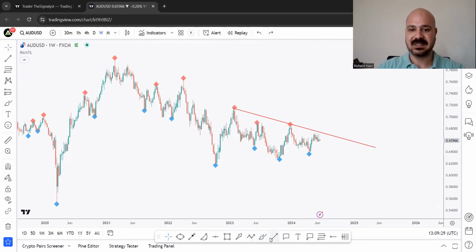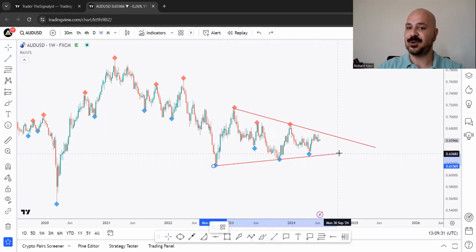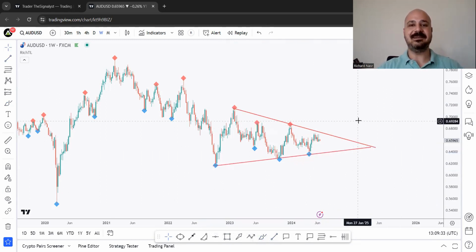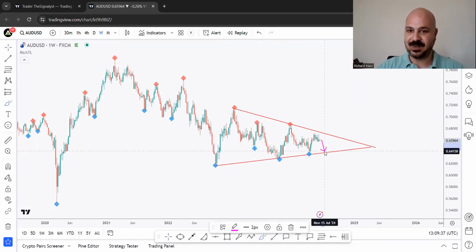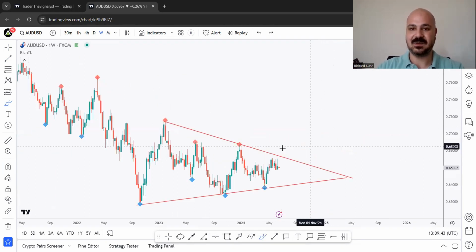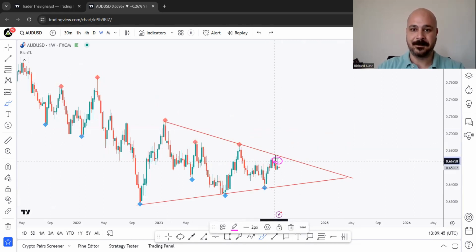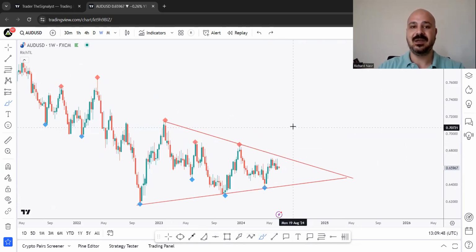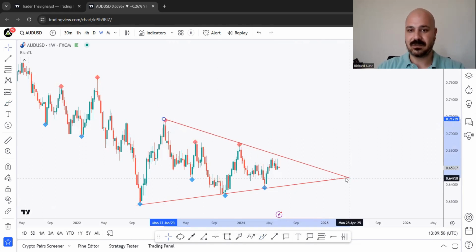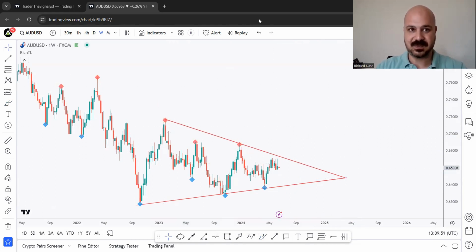And we also have this lower one as we have higher lows, right? So it's like a big symmetrical triangle. So as we approach the lower bound, we'll be looking for what? For buy setups. And as we approach the upper bound again, because we already rejected it, as per my last analysis on TradingView, rejected the zone, and we are currently pushing lower. This is where we are from a big long-term perspective.